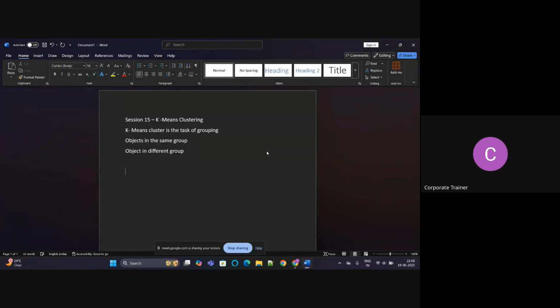I'm writing here the real-world examples. First is grouping customers by purchasing behavior, so using this you can predict something.